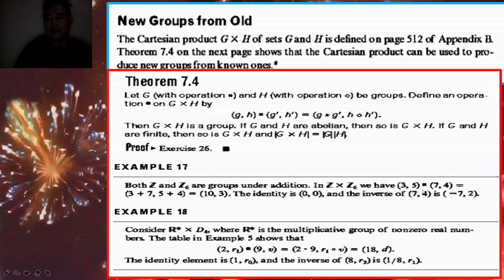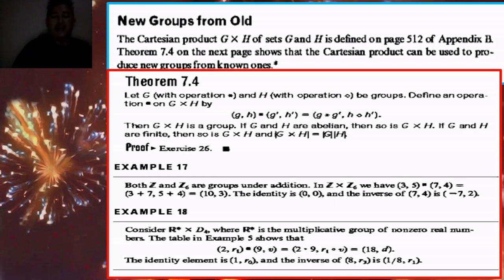So (3, 5) box (7, 4) equal siya sa (3 plus 7, 5 plus 4). 3 plus 7 kay 10 in Z. And then 5 plus 4 kay 9, which is 3 in Z6, kay sa Z6 man tayo magbase. So ang 9 ma-3. So (10, 3) na.